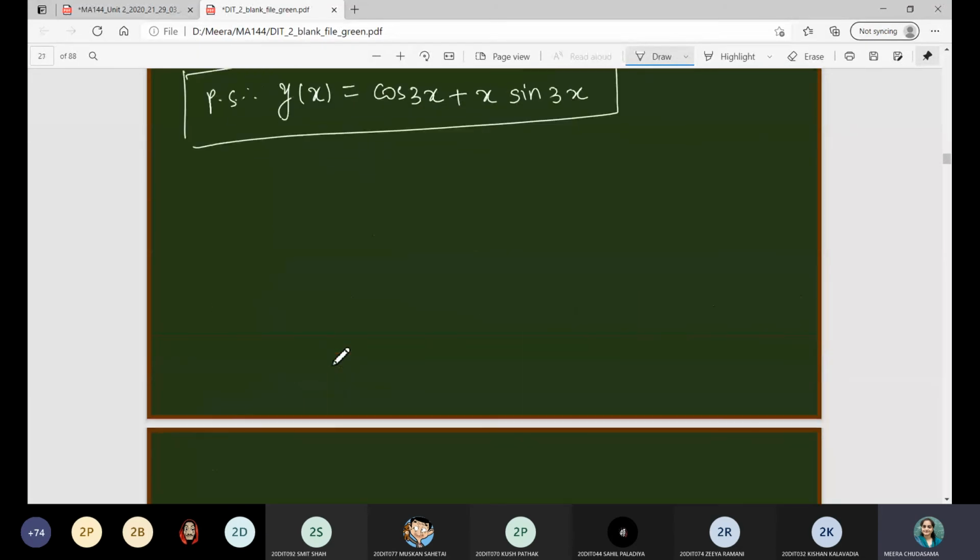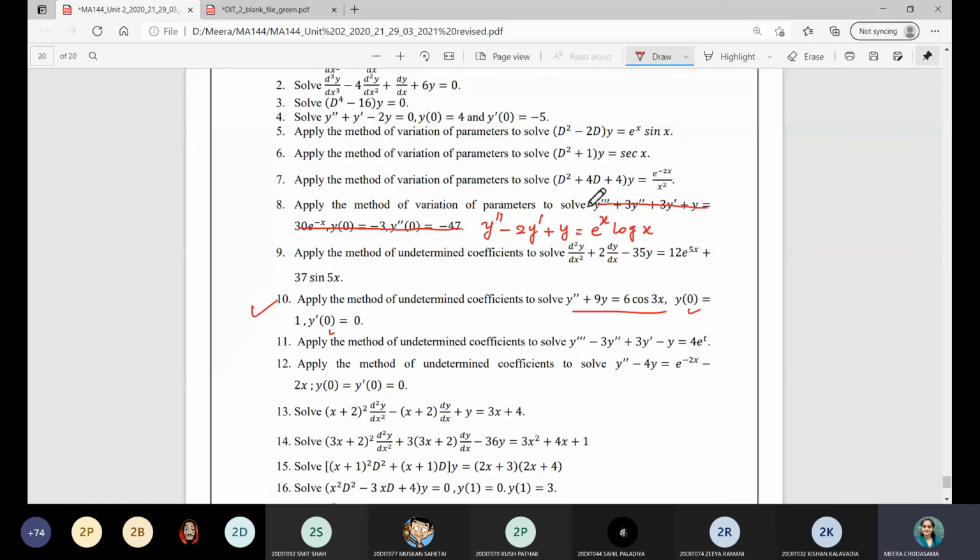Now I am going to give you one example which you have to solve by yourself. Okay, so the example we are going to consider now is number 11. A third order derivative is given, and the right hand side function is given in terms of t, means here the independent variable is t, not x.